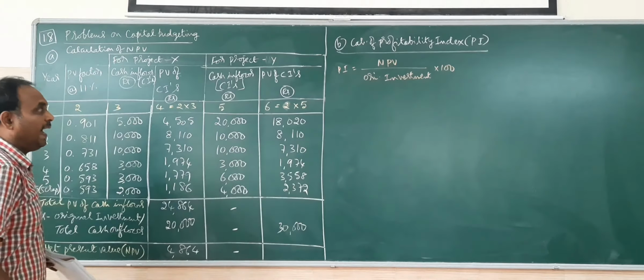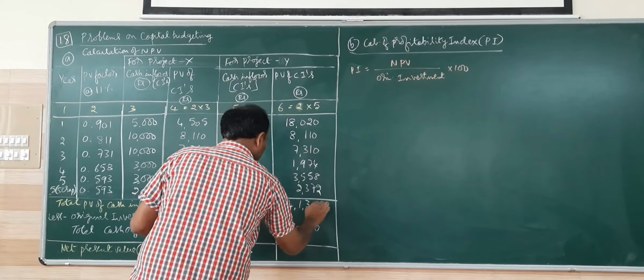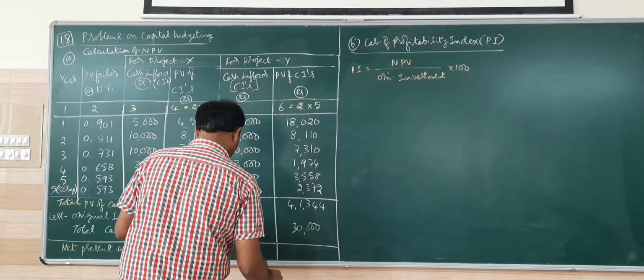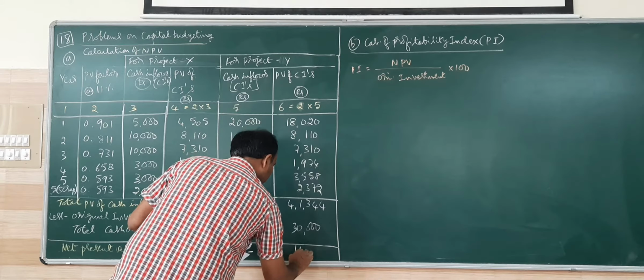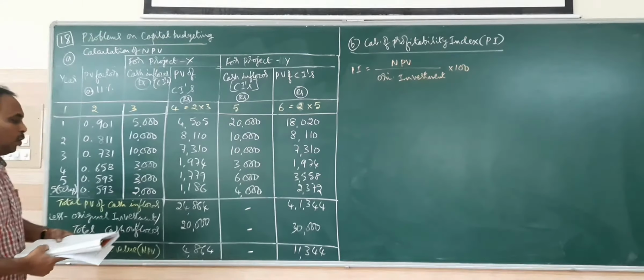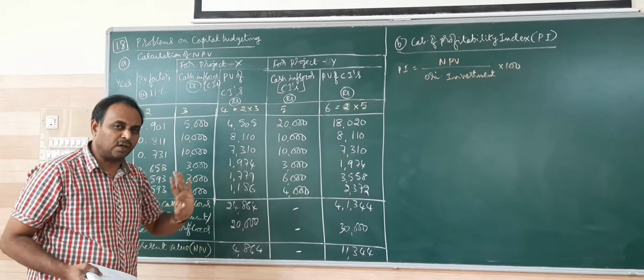You can add all the PVs of cash inflow, 41,344. So the NPV is 11,344. If you look at this, the NPV of Y is more, so Y is preferable according to this.